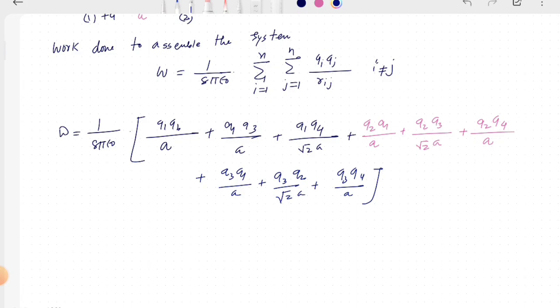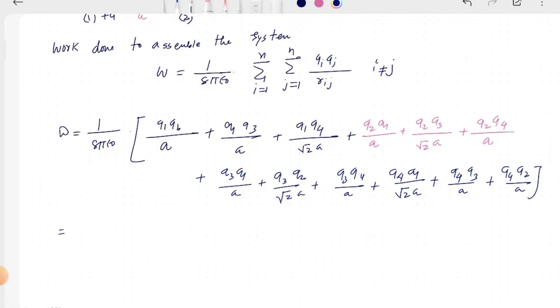Another case is Q4 Q1 upon root 2A, Q4 Q3 upon A plus Q4 Q2 upon A. So now we just calculate for Q1, Q2, Q3 and Q4.